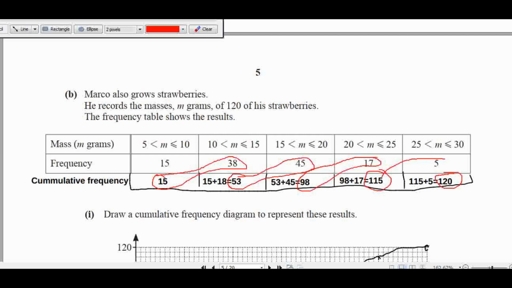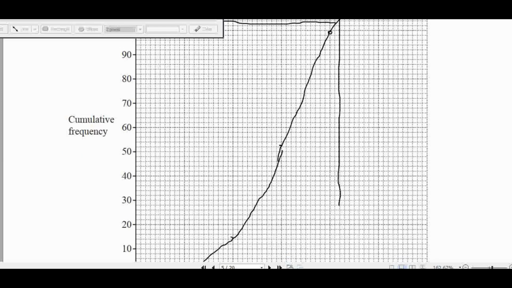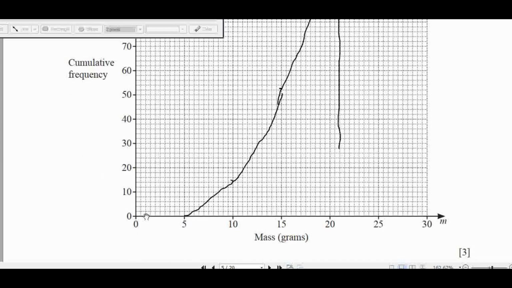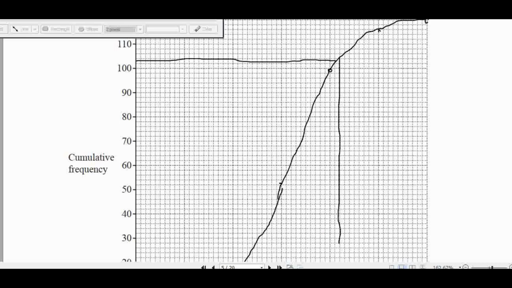Now I draw it. I will mark 10 on the x-axis like that. Here 0, 5, 10, 15 is marked, and similarly this is the cumulative frequency axis.